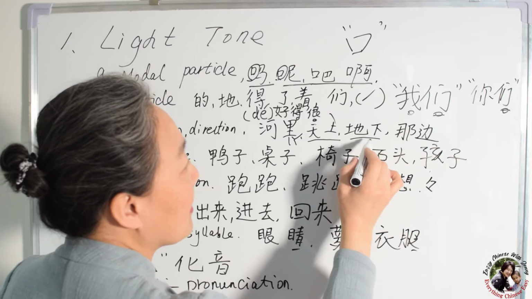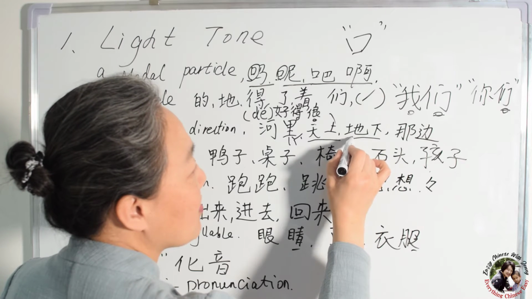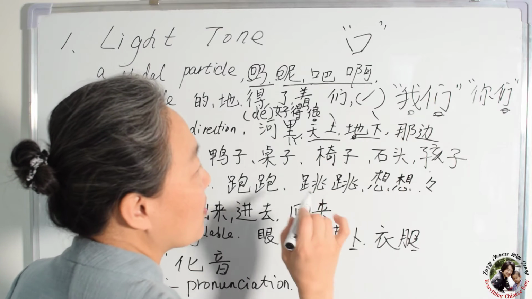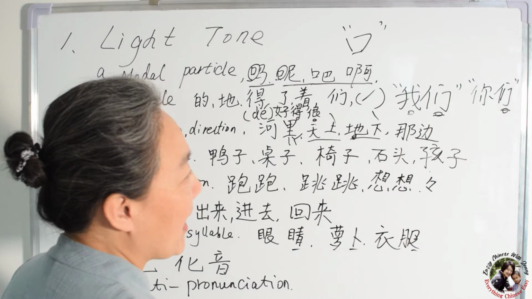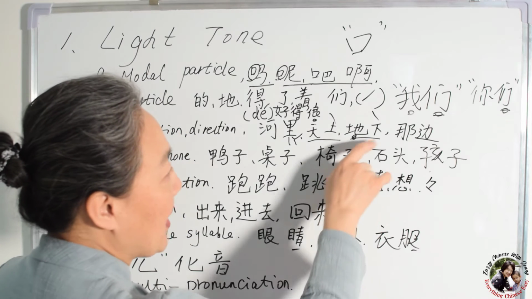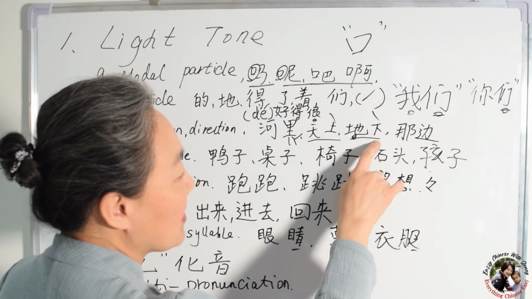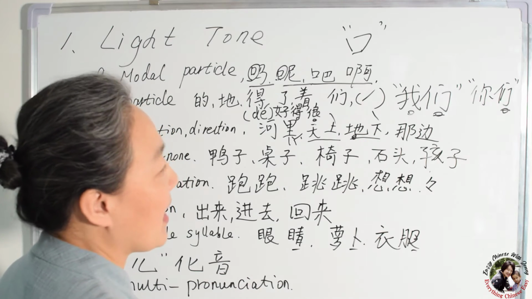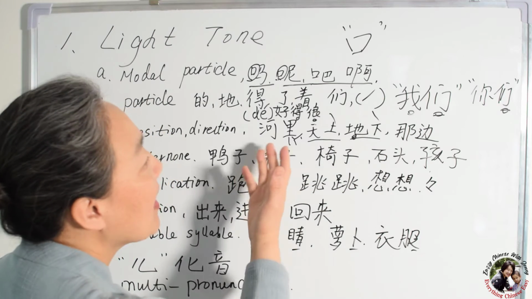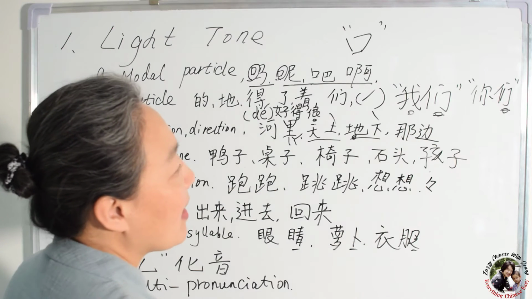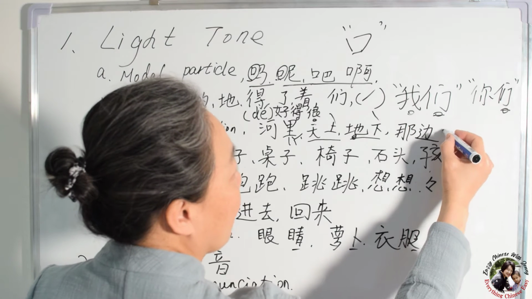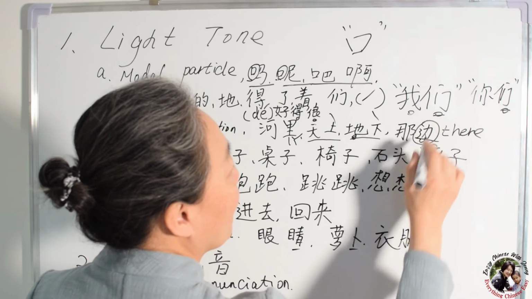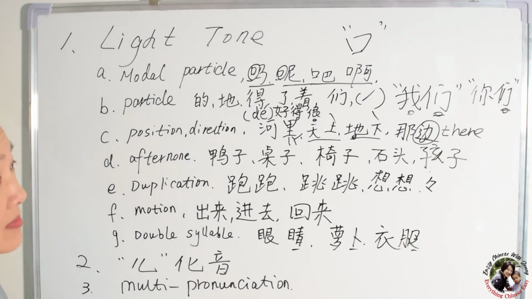On the ground, 地下, 地, this one is the ground. And 下, when it's by itself, it's a fourth tone, means down, right? But together, this 下 you don't pronounce as a fourth tone. It's a light touch tone. 地下, 天上, 河里, 那边, up there, over there. 边 means the direction.